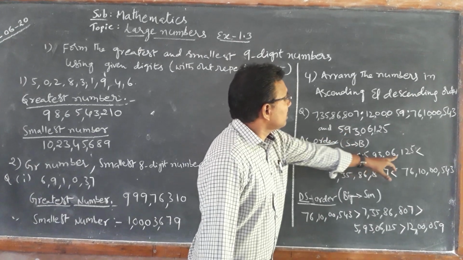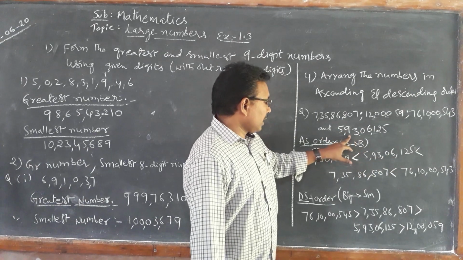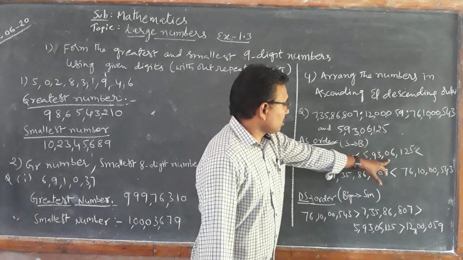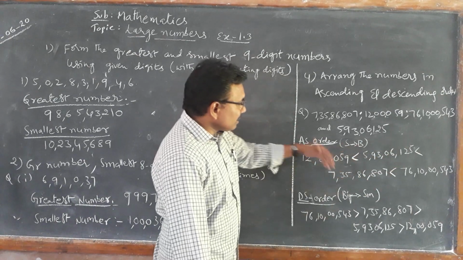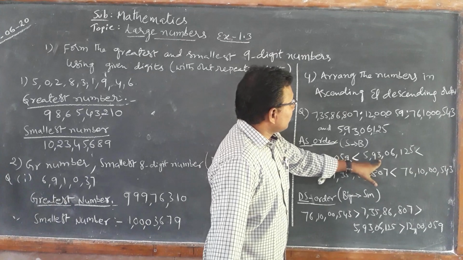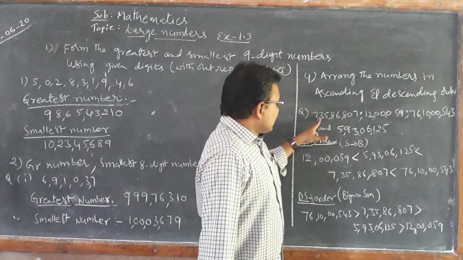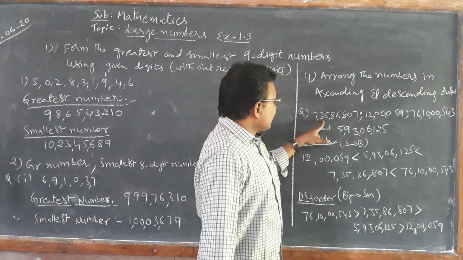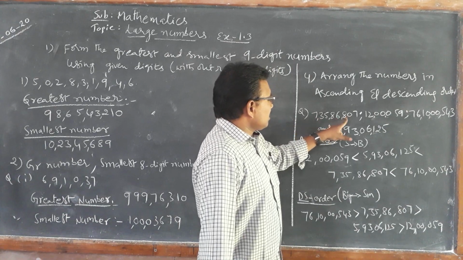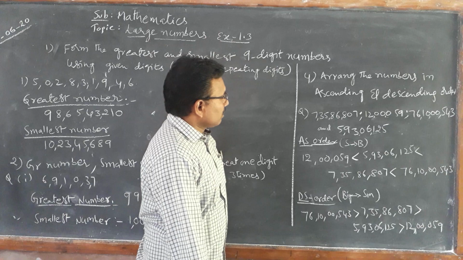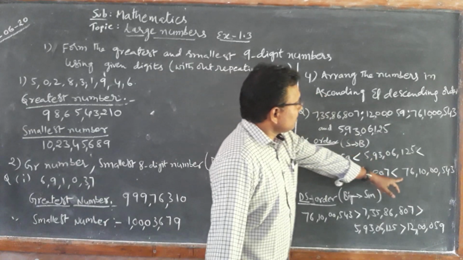So we write this number 5 crore 93 lakhs 6,125. Next, the bigger one is 7 crore 35 lakhs 86,807.